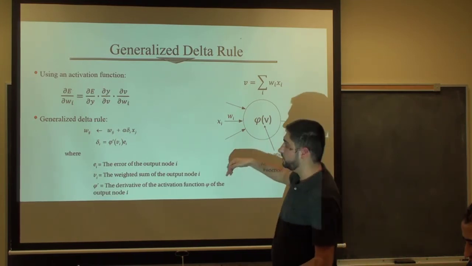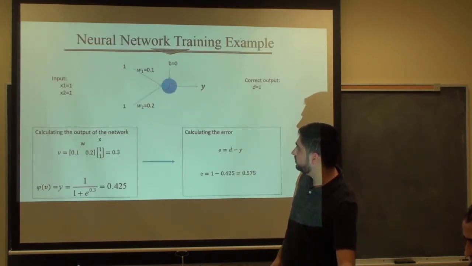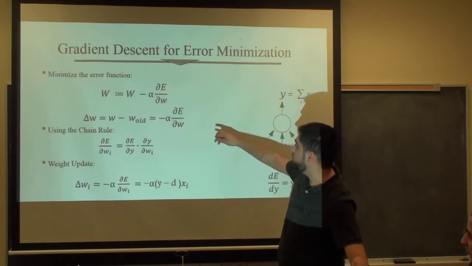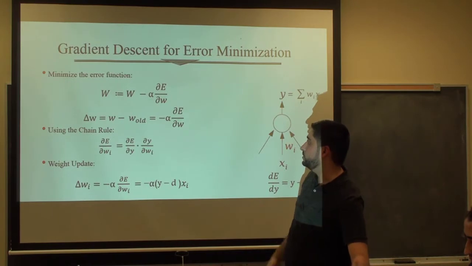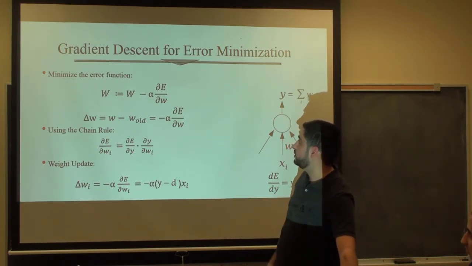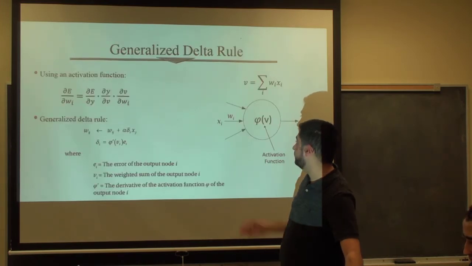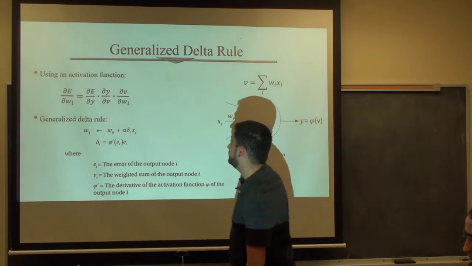Similar to before, we need to find this term, dE over dW, which is our function. We need to plug it into gradient descent to minimize the error. If we use the chain rule, we have dV over dW.